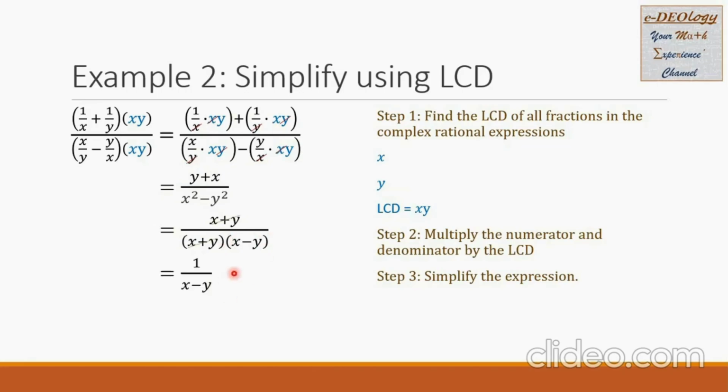And the next step, we will just collect the remaining factor. In the numerator, it is now 1. In the denominator, it is now the binomial x minus y. And this is our final answer. If you want to check the answer in our method 1, you will see that they are exactly the same.